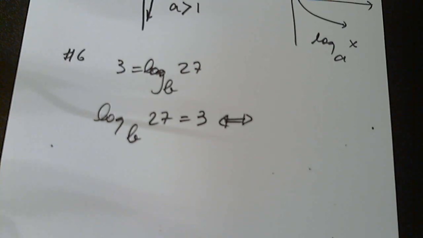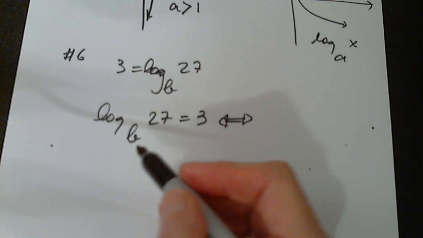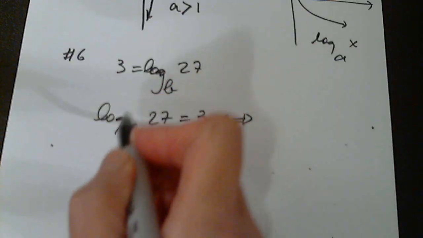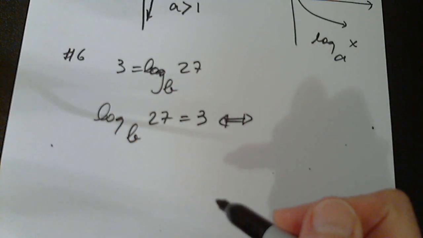How do I change this into an exponential? Where is the starting point? How do I write it? It's always counterclockwise, and we always start with the base.